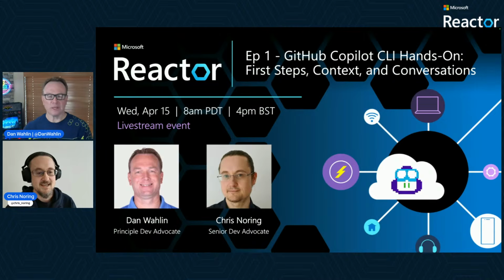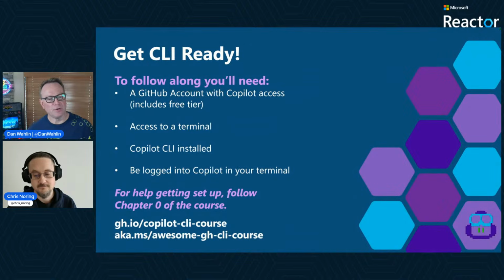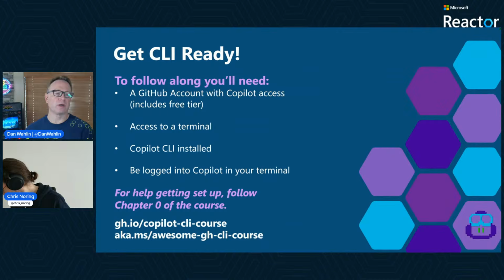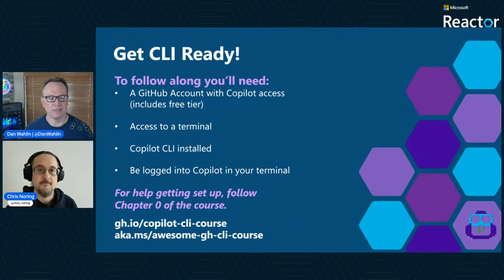So what we're going to be doing is going through a course that everybody can get to, and I'll show you a link right now, actually. In order to go through this course, you would of course need the GitHub Copilot CLI. The course has a setup chapter, and I'll show you all this in just a moment.